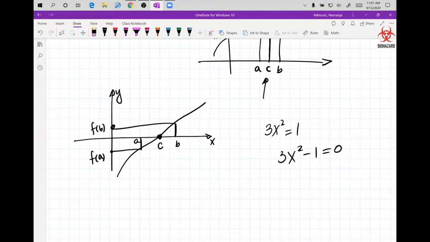And we can find, right, root 3 over 3. So we can look for the answer between 0.5 and 1 and keep going that way.